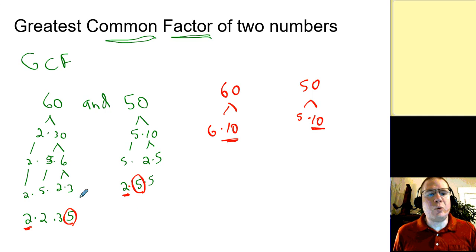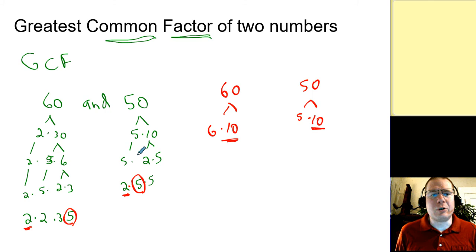So we need some way to look at all of those potential common factors. A factor is a number that's going to go evenly into my number. The factors of 50 are 2 and 5, and 2 times 5, which is 10, and 5 times 5, which is 25, and 50 itself, 1. Those are all the factors here.